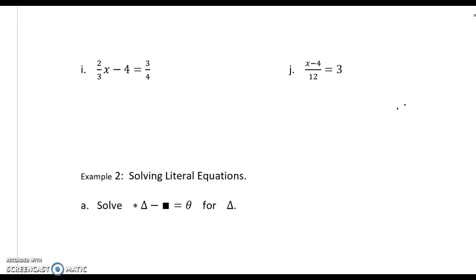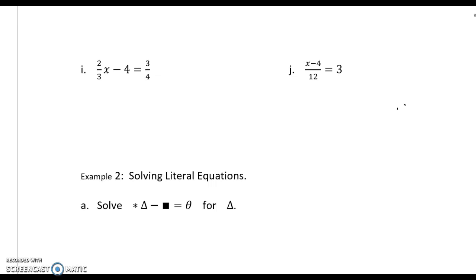The common mistake here is that students are going to multiply the fraction on the left by 3 to get rid of the 3 in the denominator, and they're going to multiply the fraction on the right by 4. Again, you cannot multiply by two different numbers in this situation. You have to pick a number that is going to clear out both fractions at the same time.